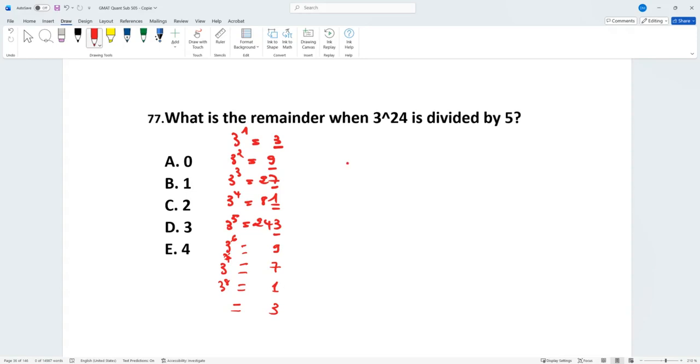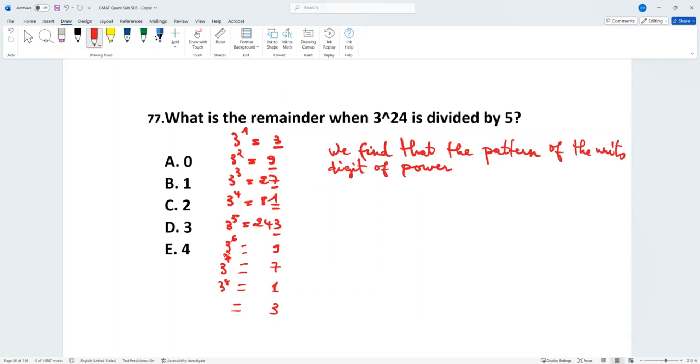So we find that the pattern of the unit digits of powers of 3 repeats every 4 exponents.